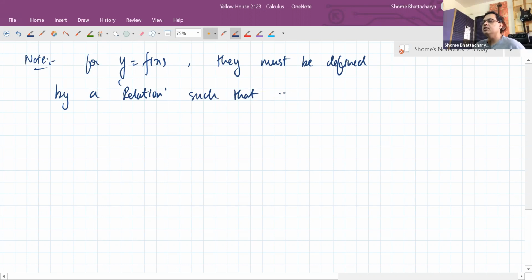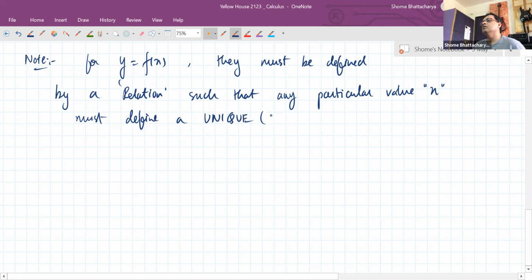So any particular value of x, which is the independent variable, must define a unique or single value of y.